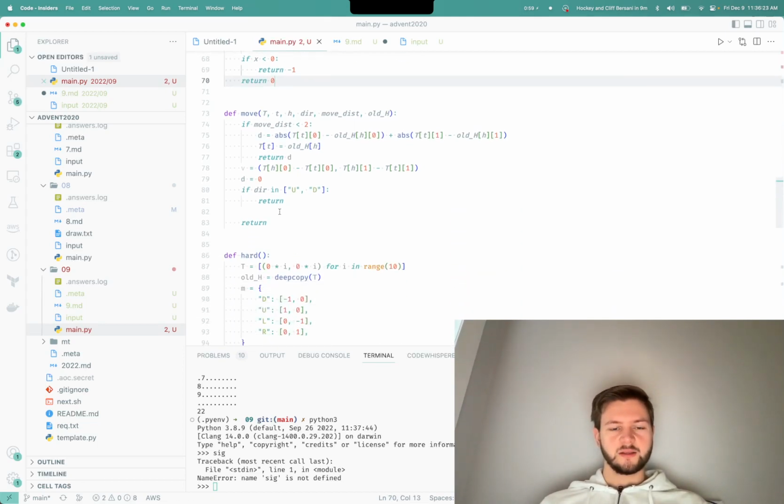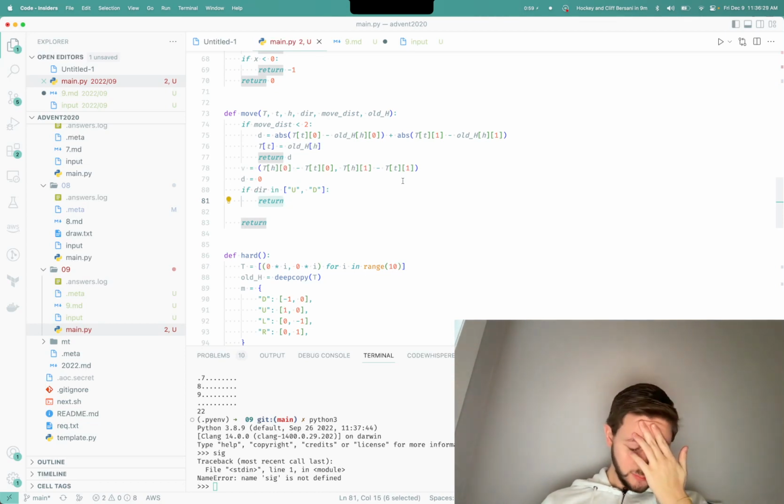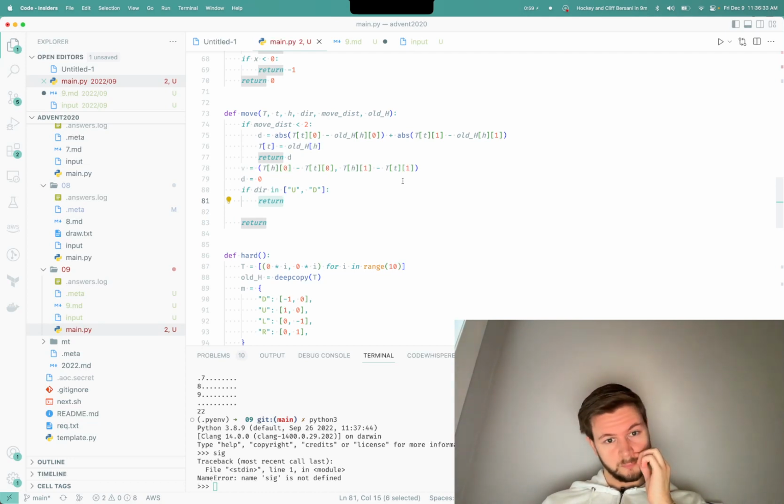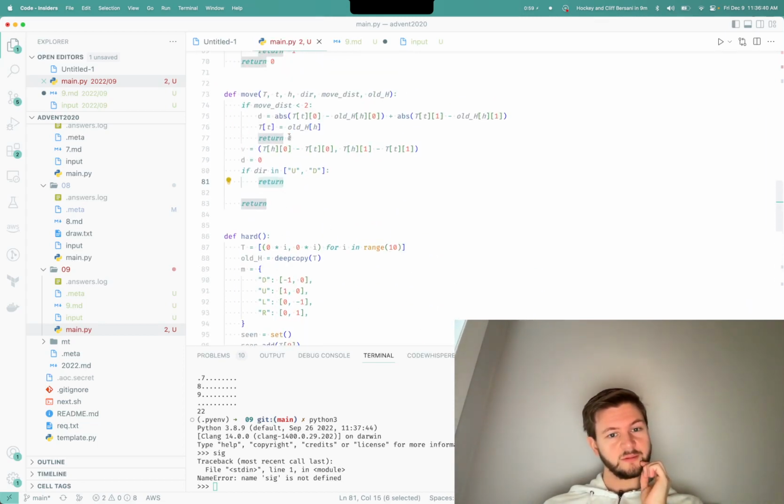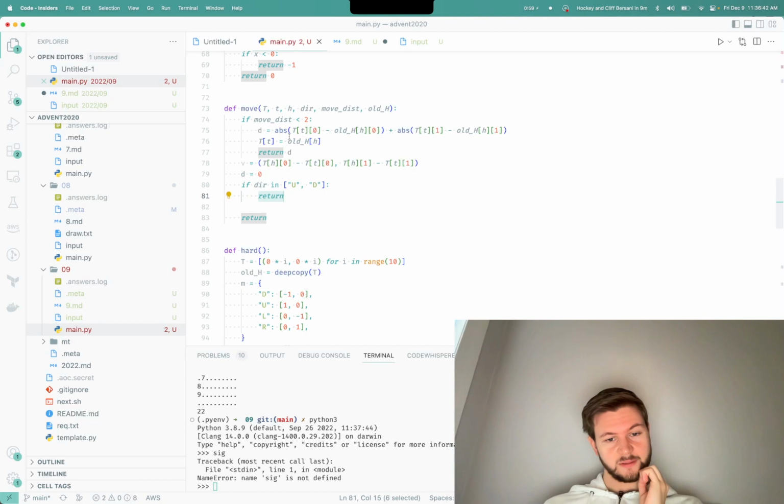Okay. So the up and down will move the first index.